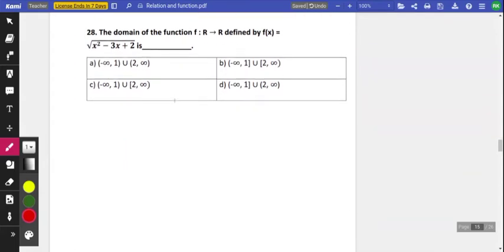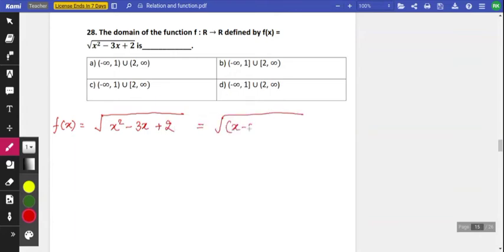In this question, you have to find the domain of the function. The domain of the given function f(x) is equal to the square root of x square minus 3x plus 2. After factorization, it will become (x minus 2)(x minus 1).